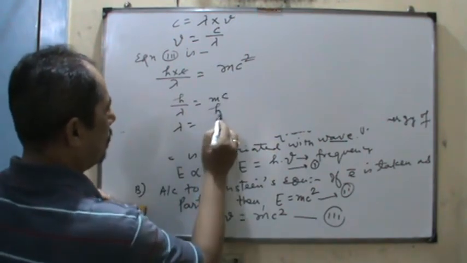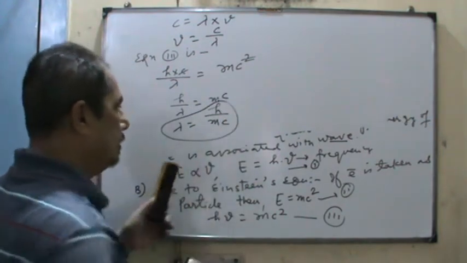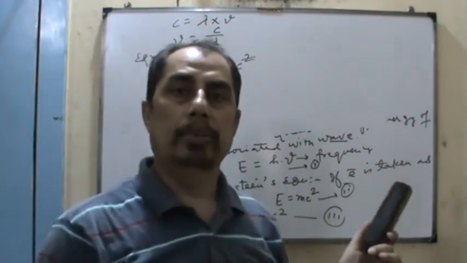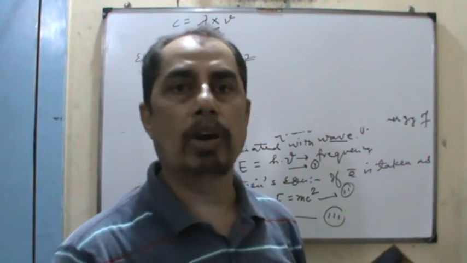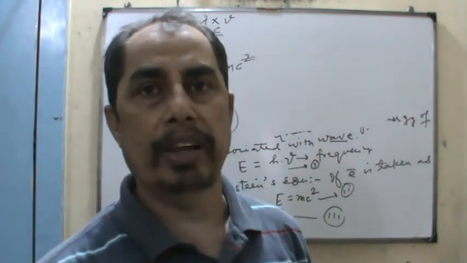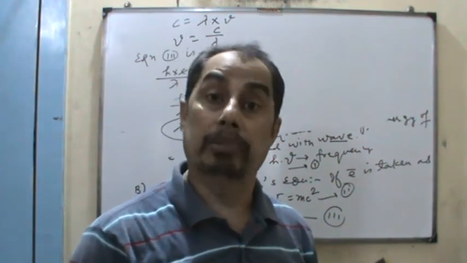h upon mc. Here the problem is, this c is the velocity of the electromagnetic wave, but de-Broglie correlated the material wave with the electromagnetic wave, and they differ in their velocity.